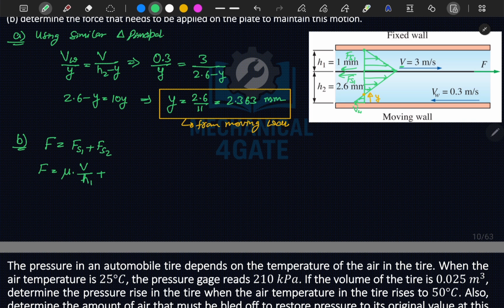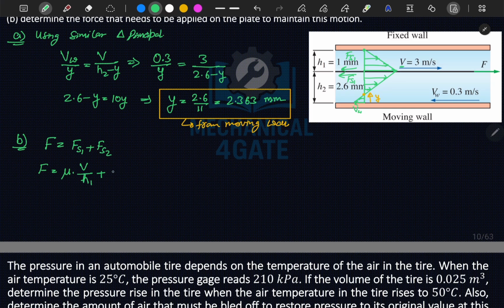For Fs2, let's write the velocity in this region. Talking about relative velocity here, it will be this velocity minus this velocity.